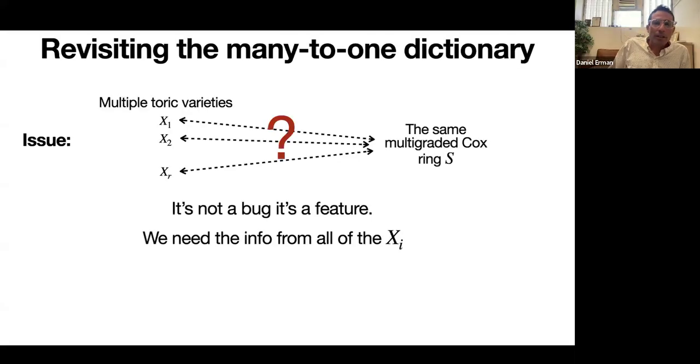So let me go back to this many-to-one dictionary where you have multiple toric varieties lining up to the same multigraded Cox ring. I think one of the big ideas, maybe the big idea that I want to convey, is that this is not a bug, it's a feature. This was telling us that we need to think about how to combine geometric information from all of the X_i.